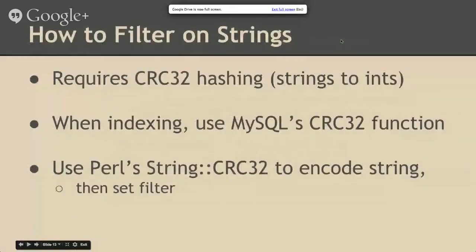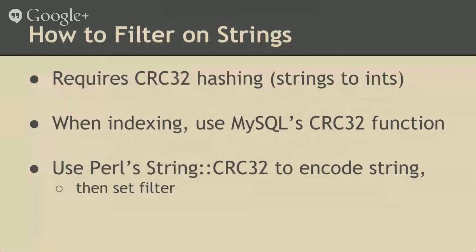Now, filtering on a string, as I said, is kind of a pain in the butt. Basically, you have to create an attribute from whatever string field you're going to be filtering on in the database, an integer, so the attribute becomes the integer.